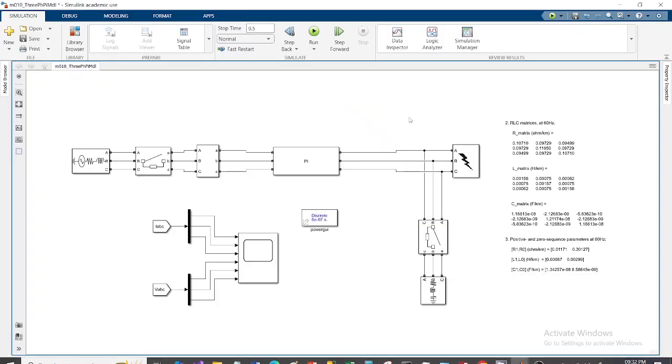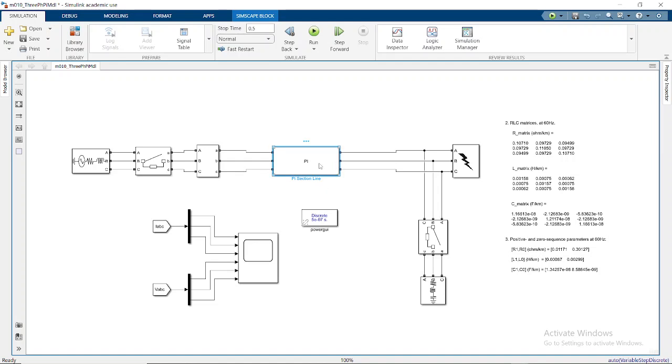This is the model of a transmission line supplying some load, which I have shared with you. This is the transmission line pi section model.